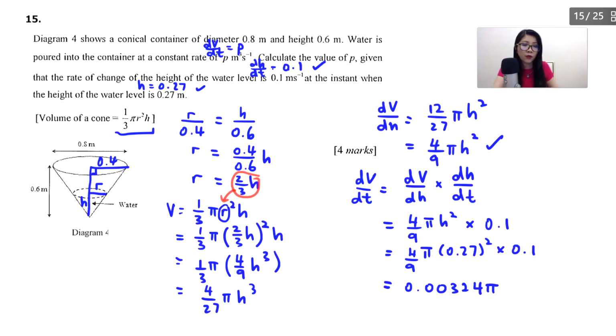If you want to change everything without the pi, we just times 22 over 7, and we'll get 0.01018. This is the value of P, because P is dV/dt.